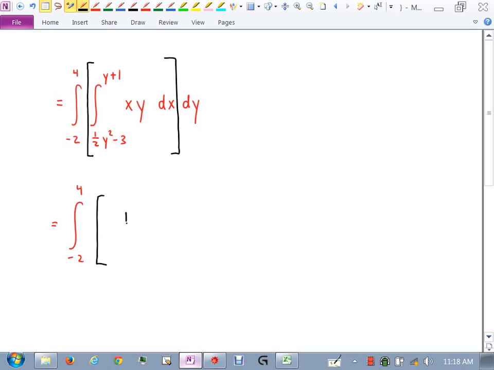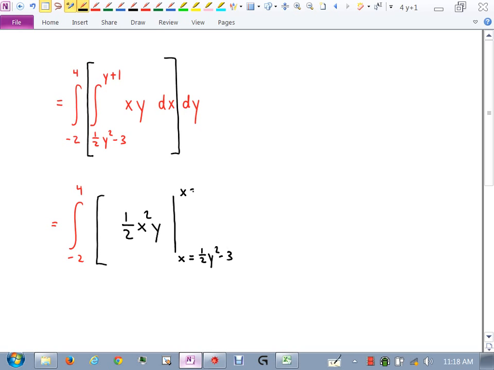I'm just going to put 1/2 x squared y. But then we need to evaluate that from the y plus 1 and then the other one. But what am I going to replace with y plus 1? The x or the y? The x. I'm replacing x with 1/2 y squared minus 3.